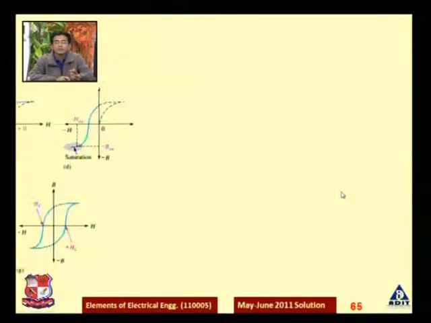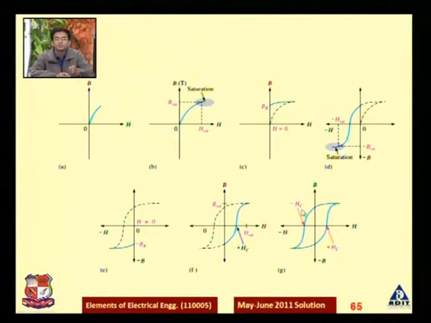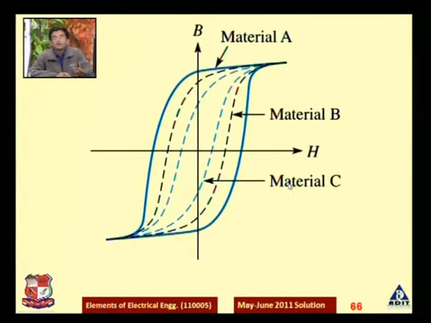So we will quickly go through the diagrams. Here different diagrams with the saturation point are given. You can refer to any book to study this magnetic hysteresis. It is very important in electrical engineering to define the magnetic hysteresis. For different materials, the magnetic hysteresis will be different.